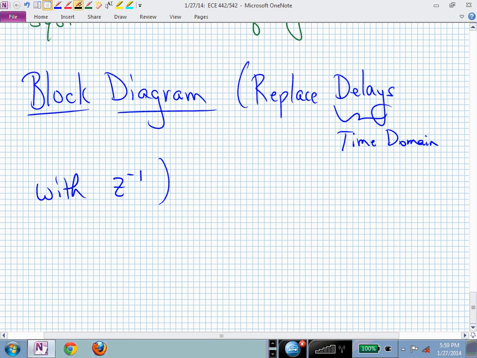And this z is our complex frequency variable.